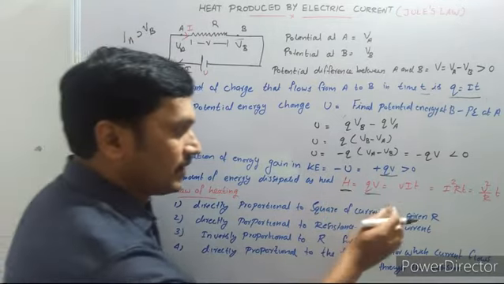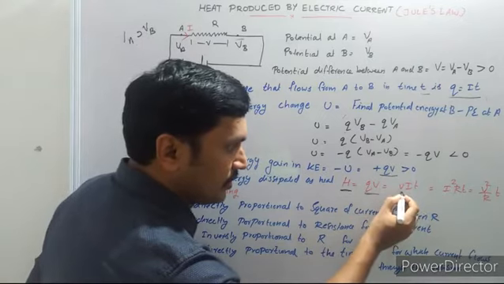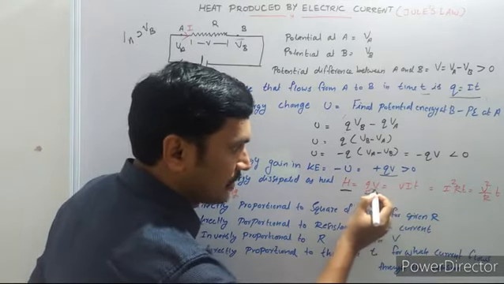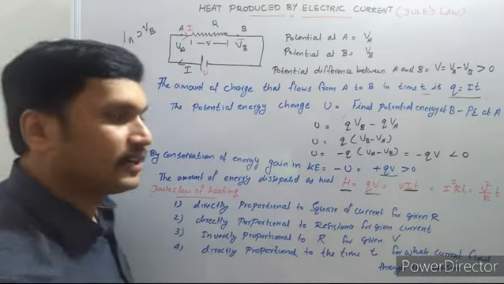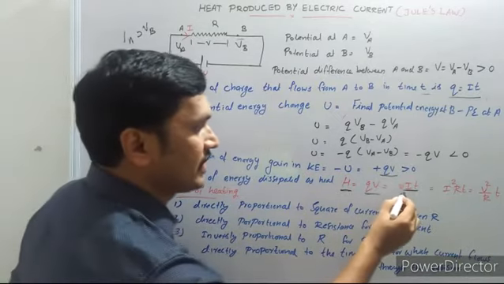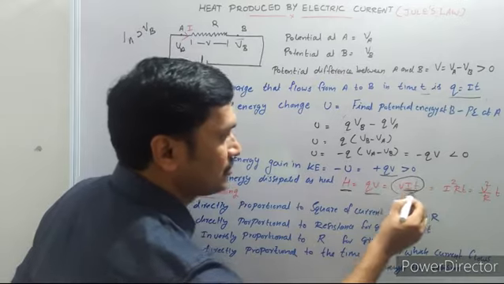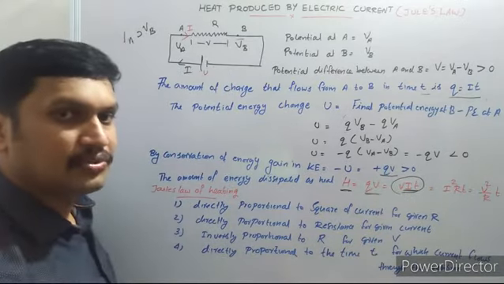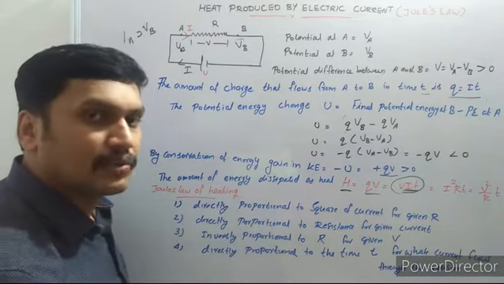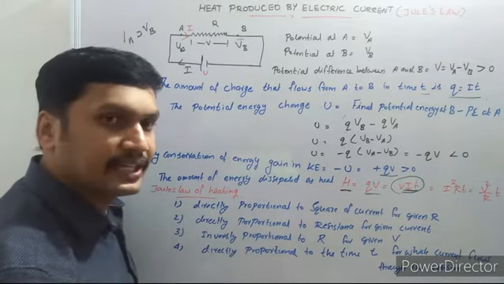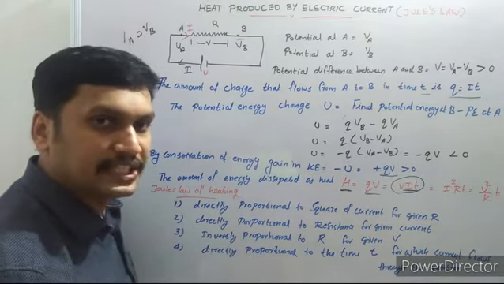In another form, the heat energy can be written by using Q is equal to I into T. Charge is written as current into time. So heat energy can be written as VI into T. This phenomenon we call the heating effect of electric current, or Joule's heating.